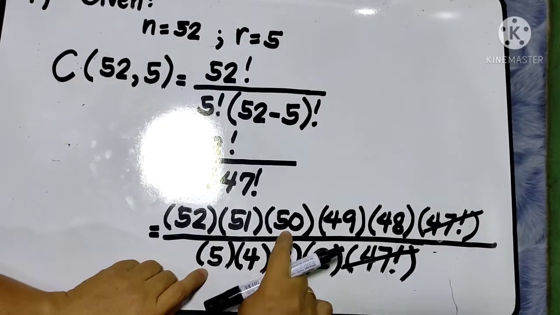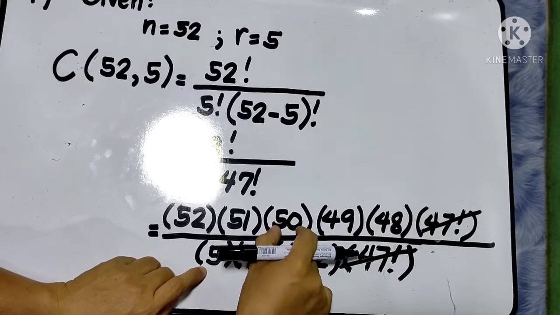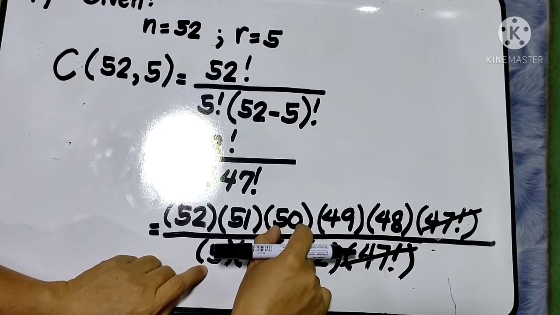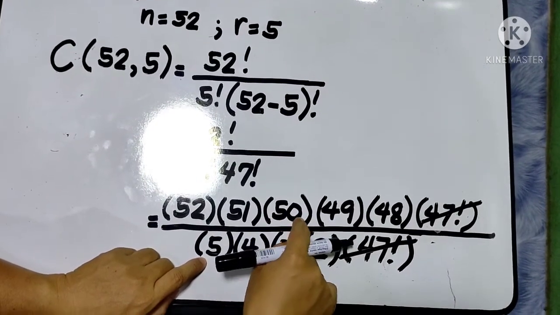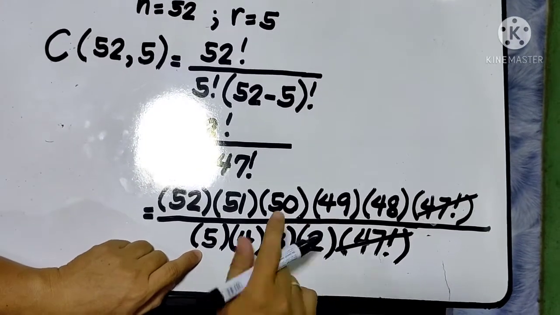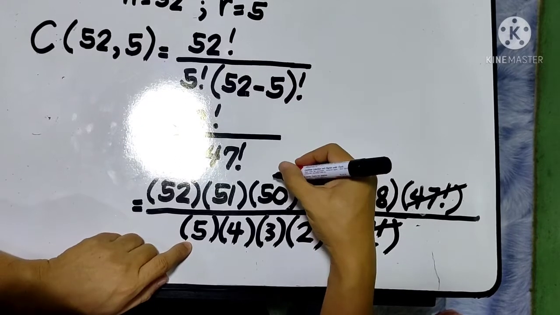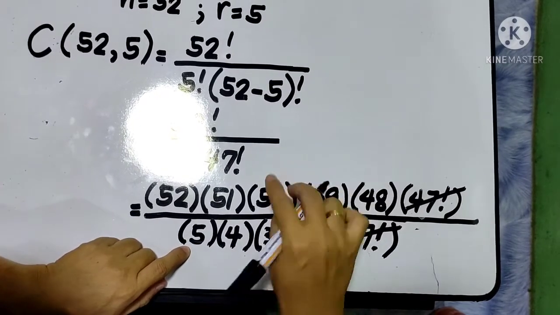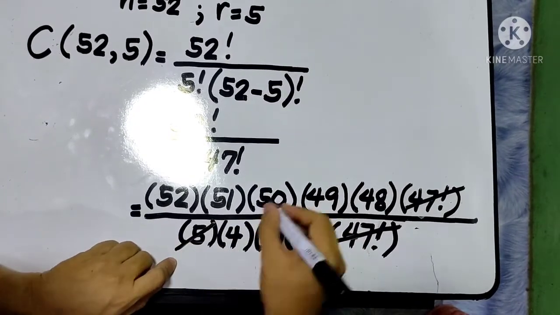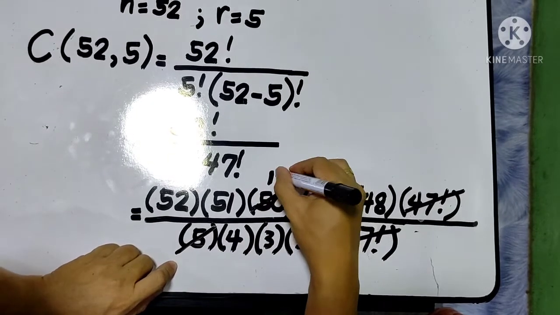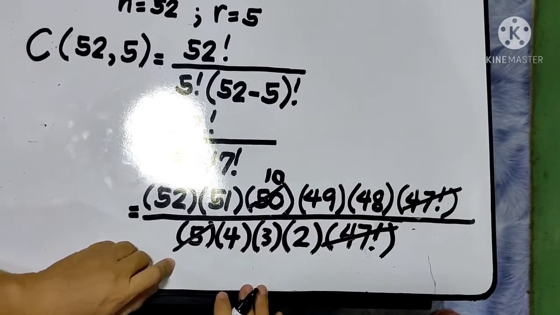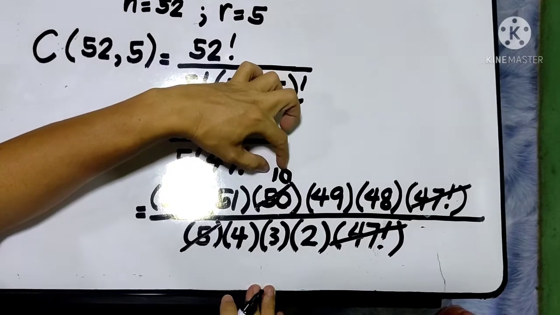5 and 50 can be cancelled because the factors of 50 are 10 times 5. You cancel 5, and you have 10 as the factor left.